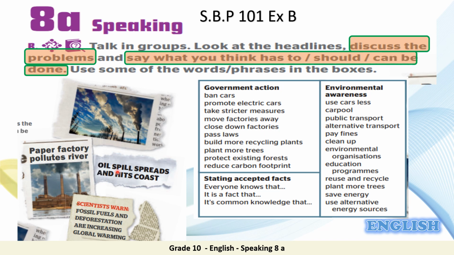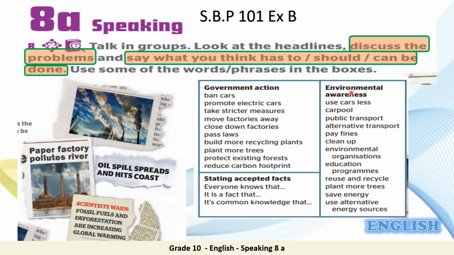So here you have some headlines from newspapers that talk about some of the environmental issues, like paper factory pollutes river, oil spill spreads and hits coast, some problems about rubbish, fossil fuels, and some other problems. Here you have government action, some words and phrases that help you find out what governments should do.